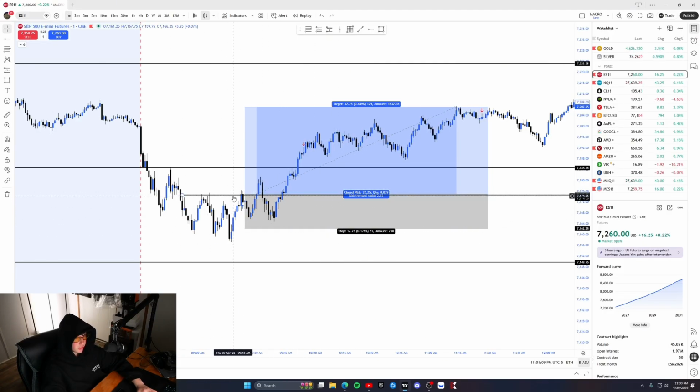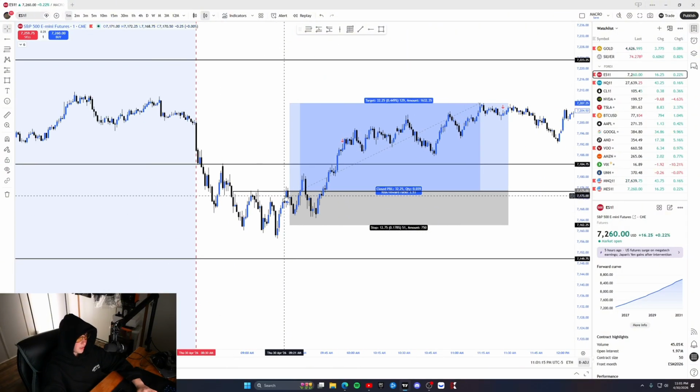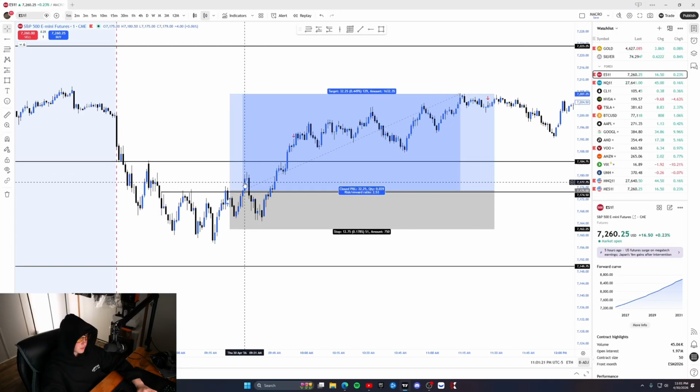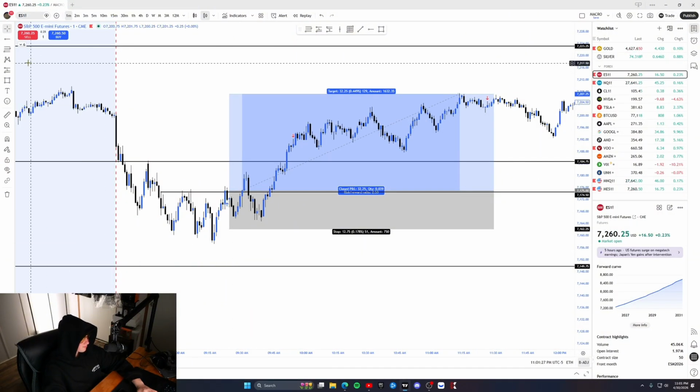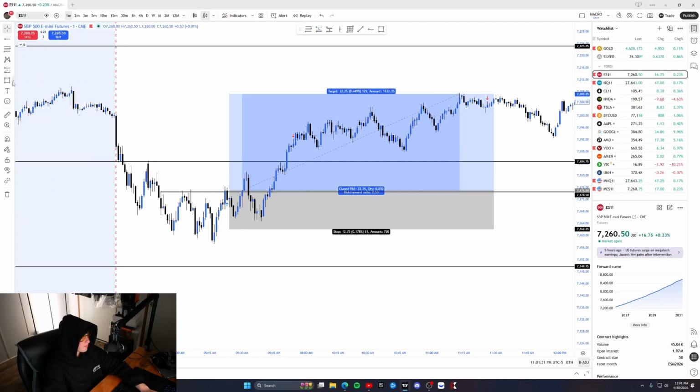Now, these are just wicks. You don't want wicks to just break above and let that be your entry. Granted, I do enter here, and it does close above it slightly. I know I should have waited. This would have been a way better entry, so let me mark that.